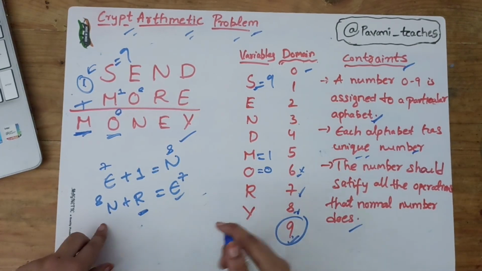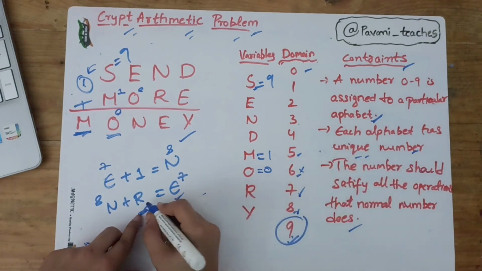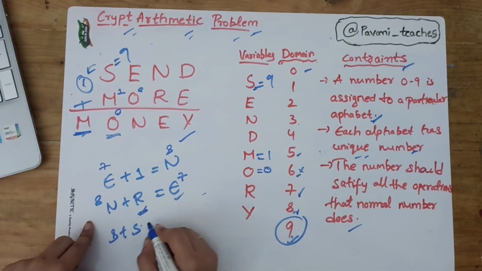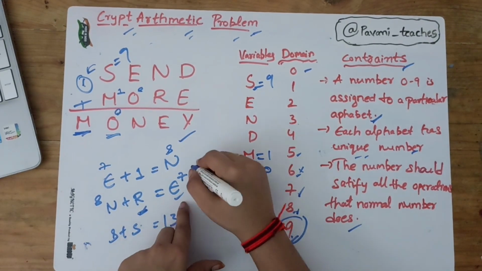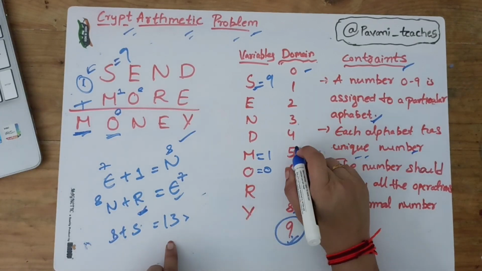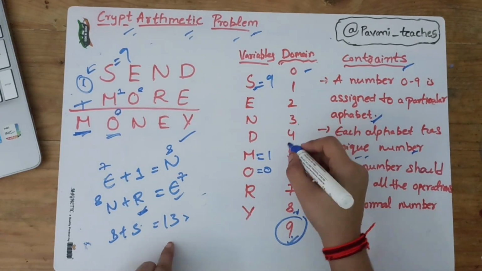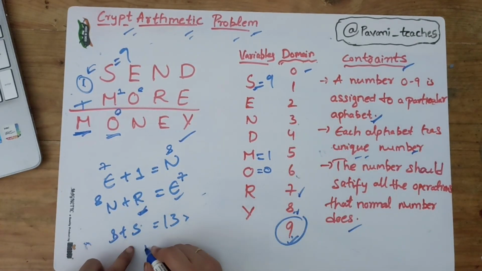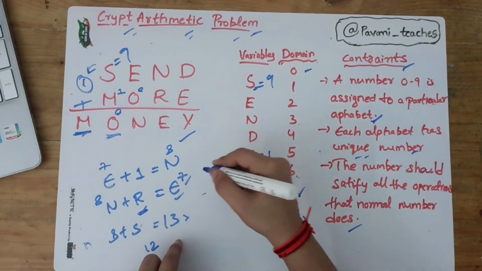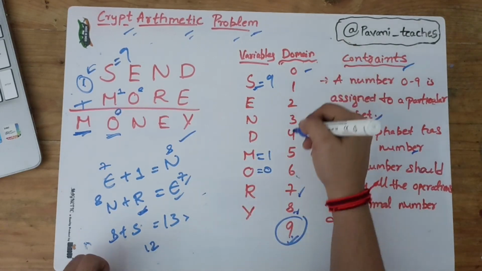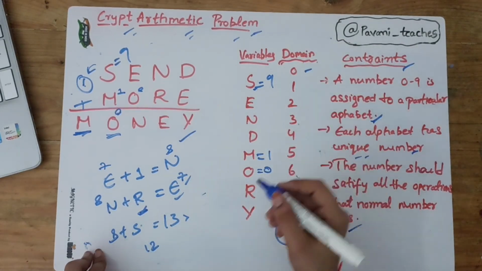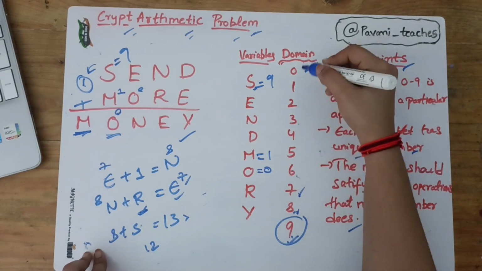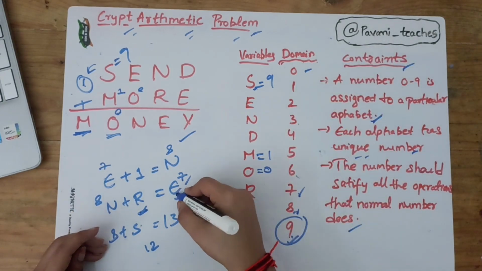Again I will take 5 as R: 8 plus 5 is equal to 13, which is also not equal to 7. So you can't take 5 and 6. If I take 4, it will get 12, which is not equal to 7. Like this, by checking each and every number, it is not possible to get 7.